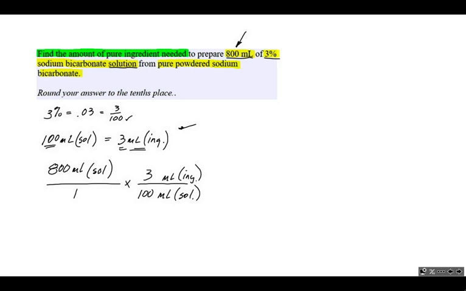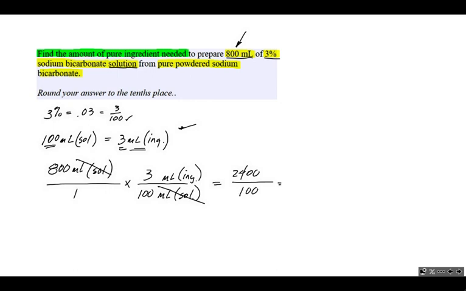And at this point, we can diagonally cancel our units that way, and then just do the math. So numerator times numerator gives us our new numerator. We have 800 times 3, which is going to be 2400. And our denominator times denominator gives us 1 times 100, which is 100.